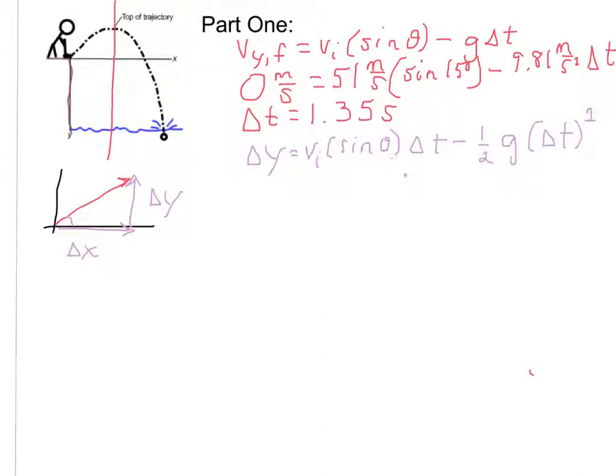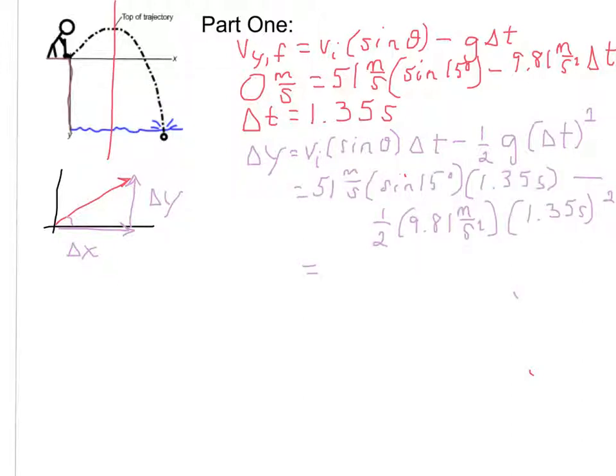I know theta is going to be right here, 15 degrees, and I know my time, that is going to be 1.35 seconds. I also know acceleration due to gravity, 9.81 meters per second squared, and again, my time is 1.35 seconds. And I just wrote all that in for you. Those are the numbers I just described, and my answer ends up being 8.88 meters.